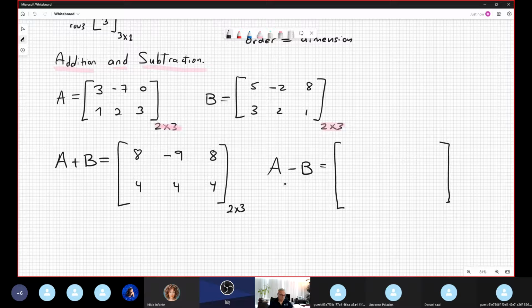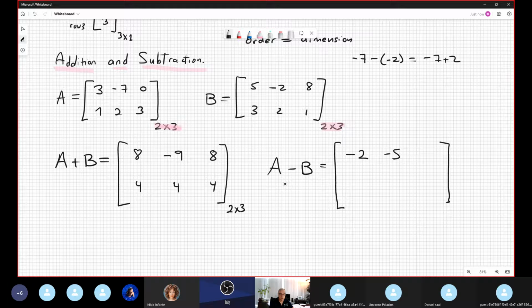So basically it is 3 minus 5, negative 2. We have negative 7 minus negative 2, double minus, so it is negative 7 plus 2, which is negative 5.